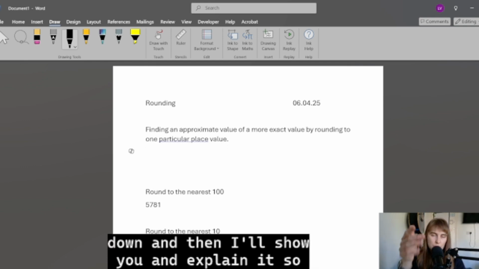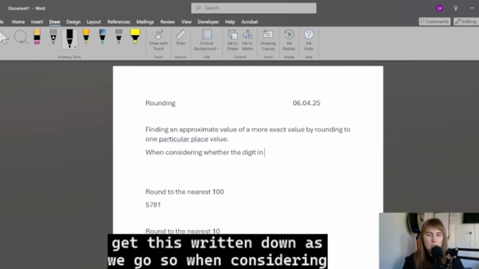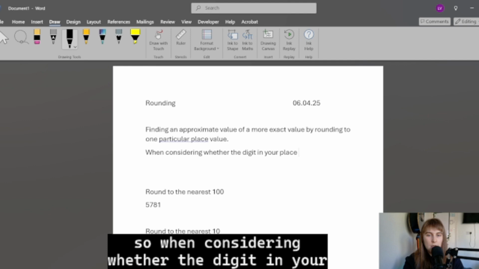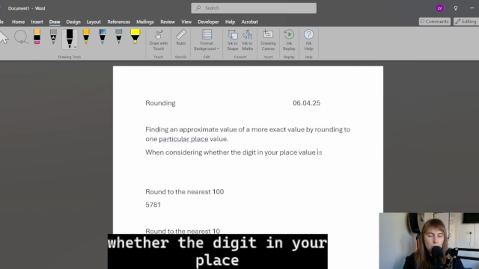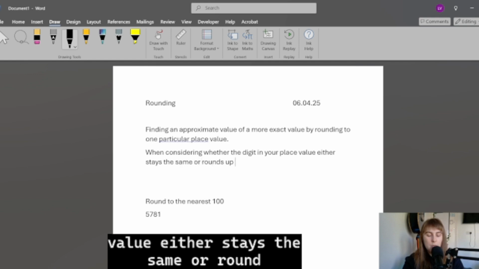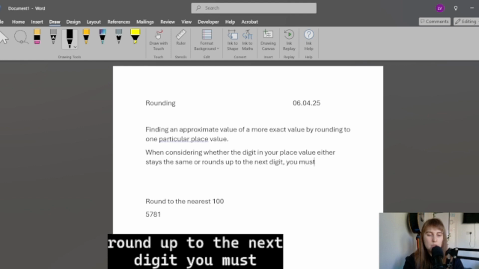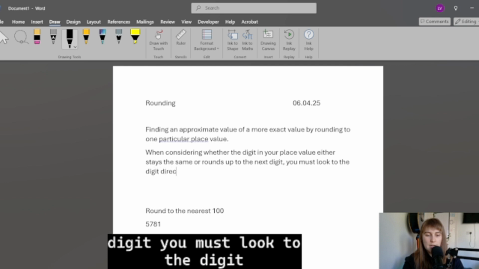So it's a good note to get this written down as we go. When considering whether the digit in your place value either stays the same or rounds up to the next digit, you must look to the digit directly to its right.